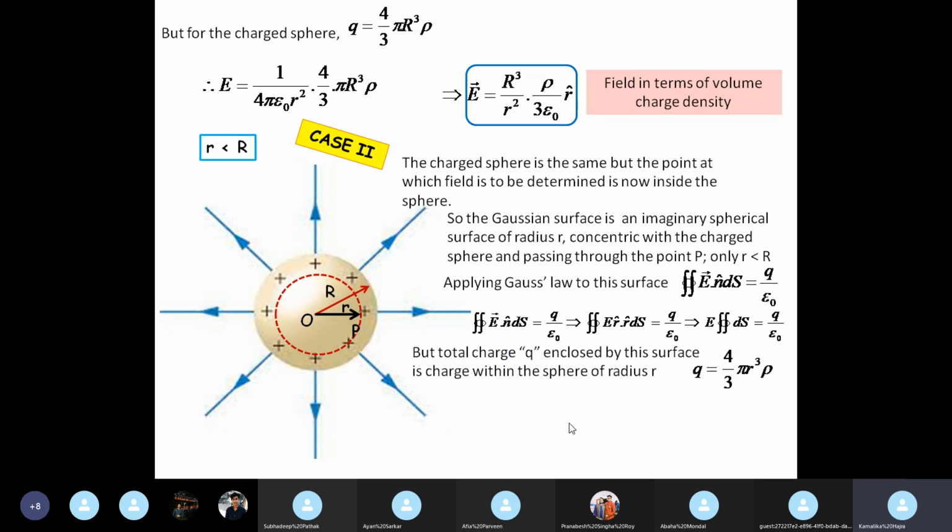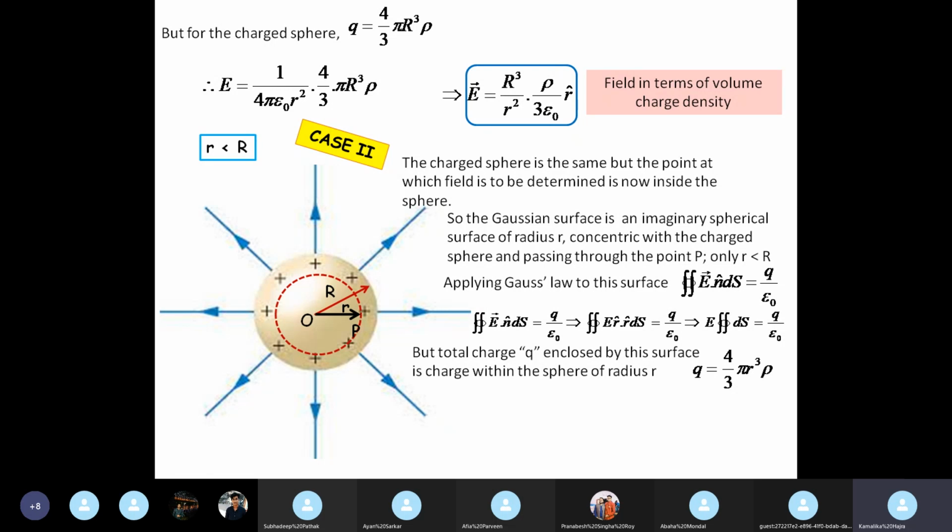But now q, the charge enclosed by our Gaussian surface, is no longer the total charge of the sphere, because the Gaussian surface is now inside the sphere. So all the charges that lie outside this surface will not contribute.